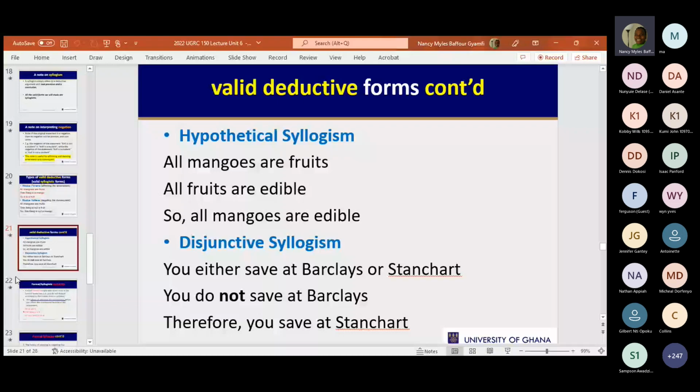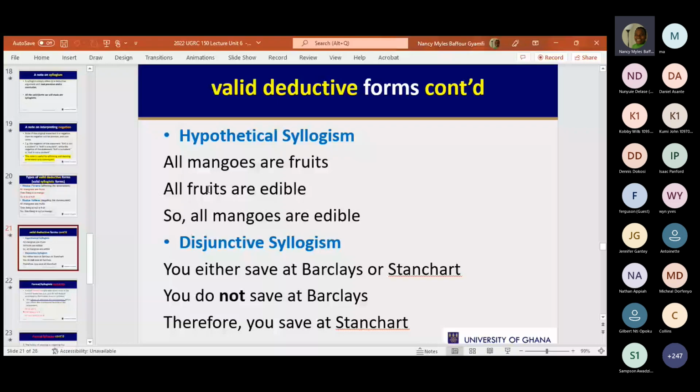Then, a good hypothetical syllogism will have this. See, all mangoes are fruits. Watch. Here, the fruit side is your consequent part. See that? The next statement in the premises will have the fruit as what? Antecedent. We are trying to create a link.